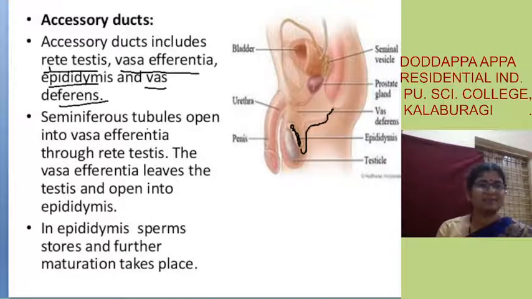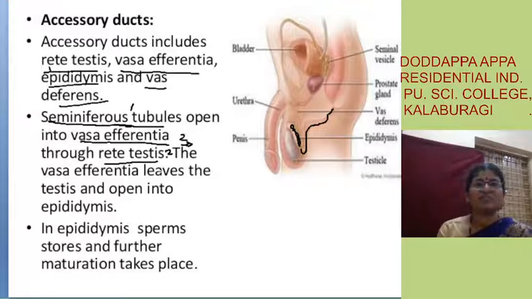Now here the sequence is given. See the seminiferous tubules, what are they? They are the structural and functional units of the testis, the male reproductive system. The seminiferous tubules open into the vasa efferentia through the rete testis.